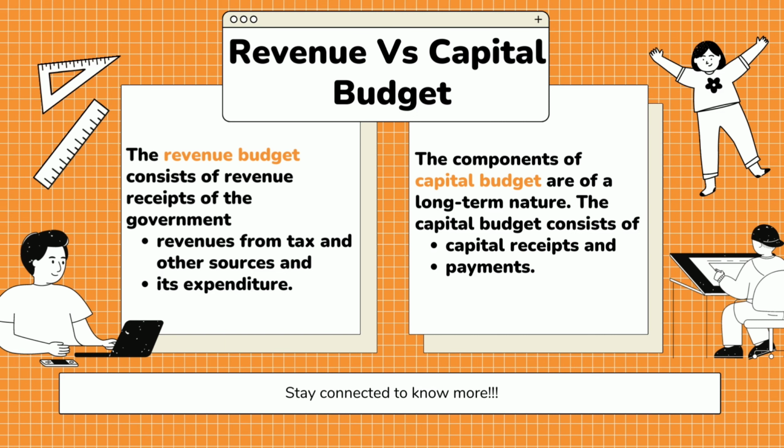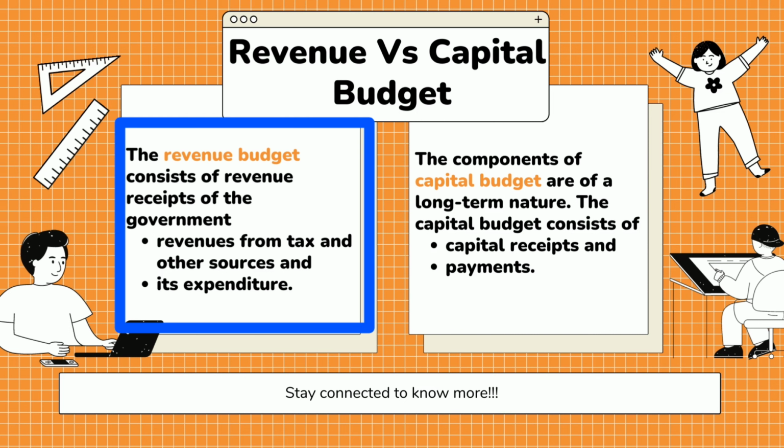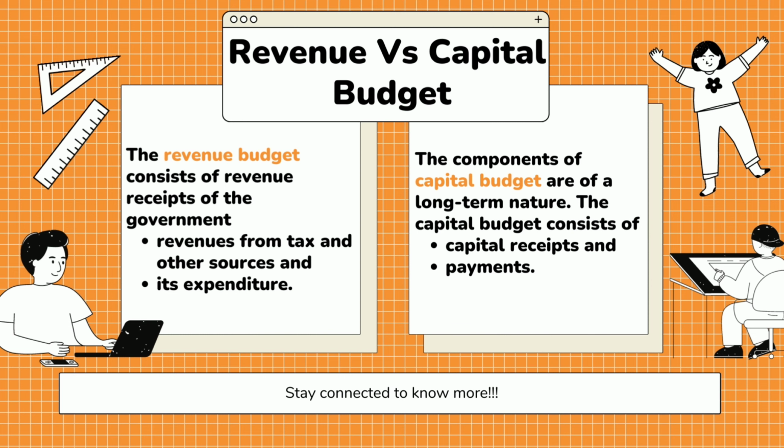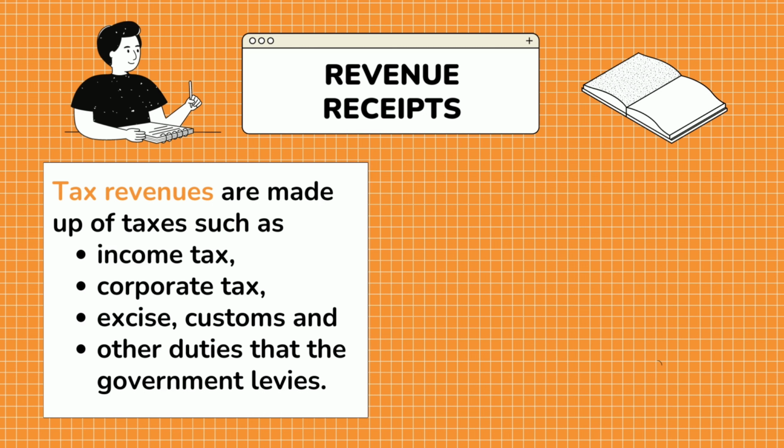Now, swiftly understand the difference between the revenue budget and capital budget. Starting with the revenue budget, which consists of revenue receipts of the government, that are revenues from the taxes and other sources, and its expenditure. Revenue receipts are divided into tax and non-tax revenues.